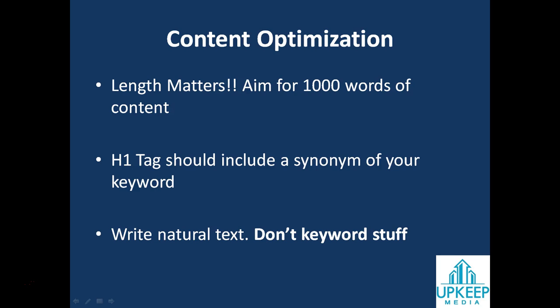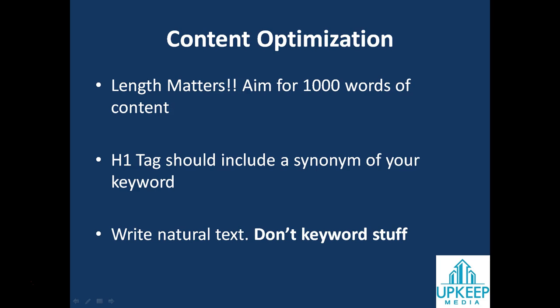So if we stick with the Chicago property management example, we want the page title to have Chicago property management in it, and then we want the H1 tag to have some sort of synonym of the keyword. So rather than Chicago property management in the H1 tag, we would look to have something like Chicago rental management or Chicago property manager. Something that's not identical to the exact words in the page title, but that's still relevant to the service you provide and the area you provide it in.